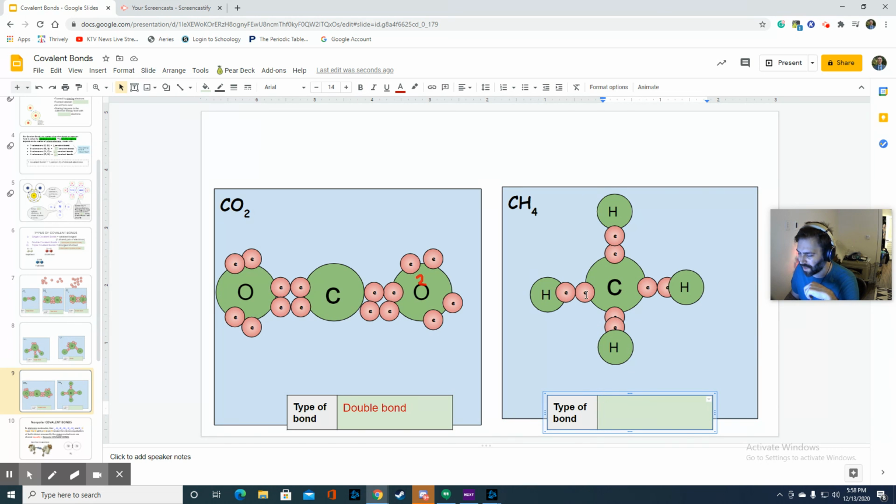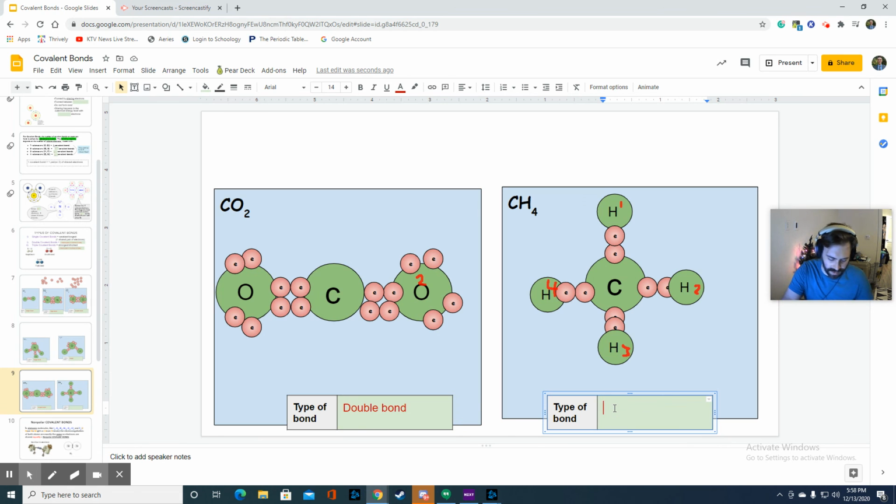So what type of bond do we make? Well, sharing a pair of electrons to each hydrogen. And again, these are different hydrogens. So one, two, three, four different hydrogens. So this is going to be a single bond.